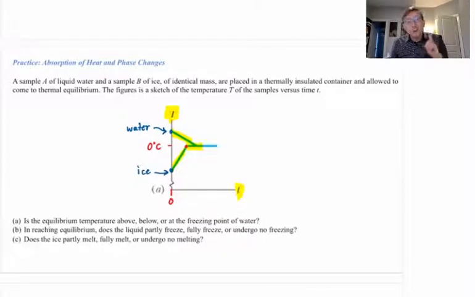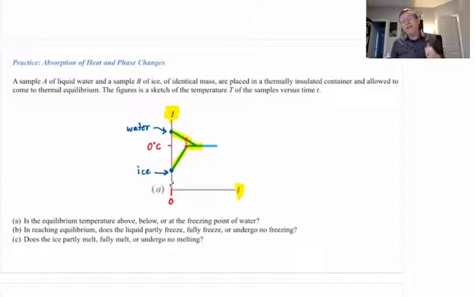Now, note that at that moment in time, when the ice reaches 0 degrees Celsius, and therefore the ice is at that point on the red dot, go vertically up, the water is still at a temperature above 0 degrees Celsius. So the temperature of the water is still greater than the temperature of the ice.